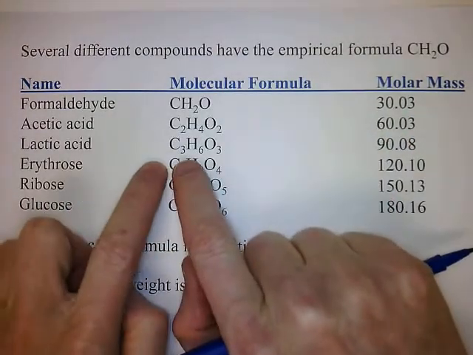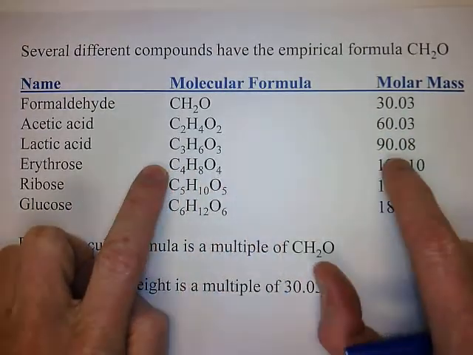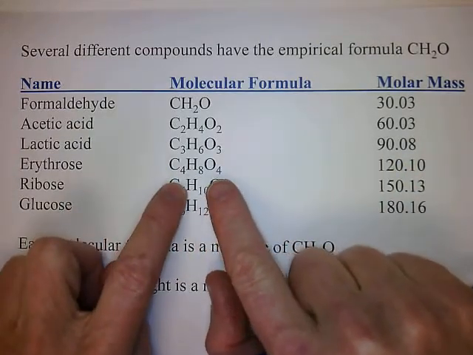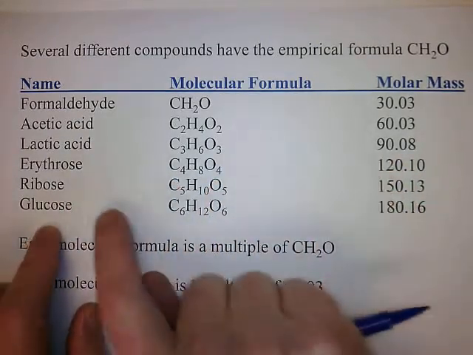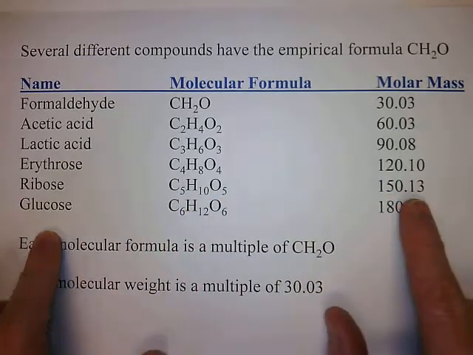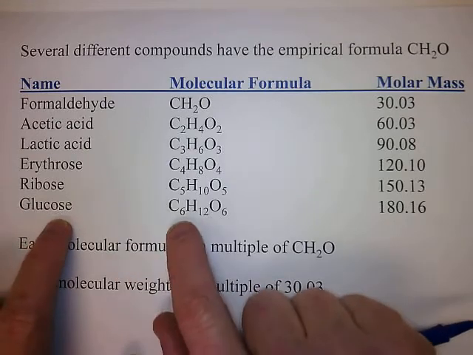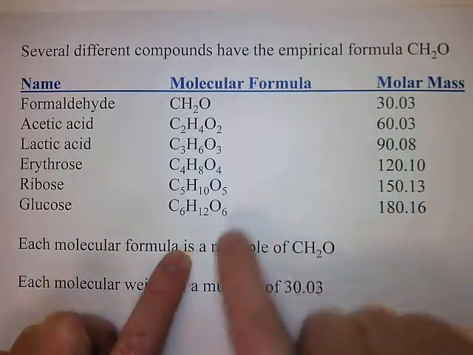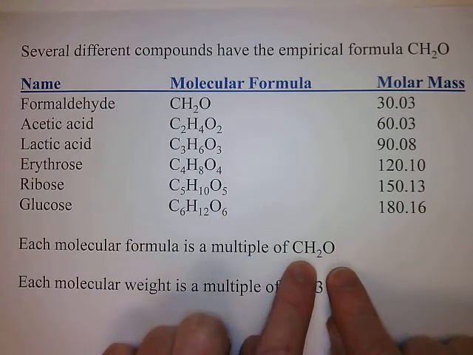Lactic acid, C3H6O3, is 90.08. Erythrose, C4H8O4, 120. Ribose, C5H10O5, 150.13, and then glucose, C6H12O6. But all these have the same empirical formula, CH2O.